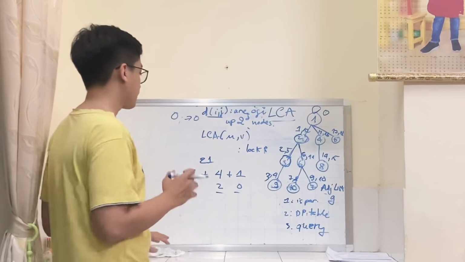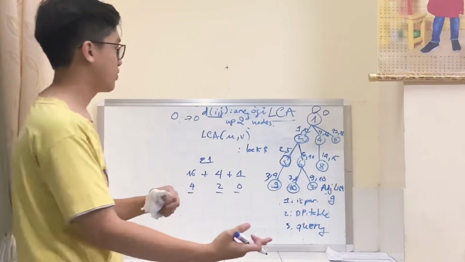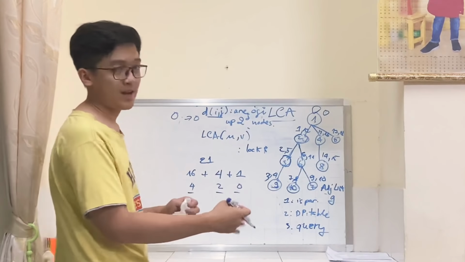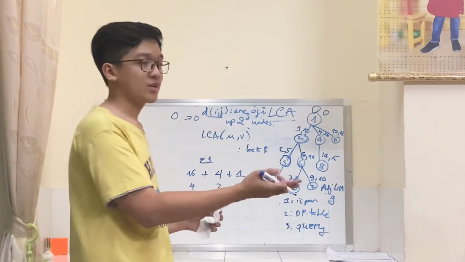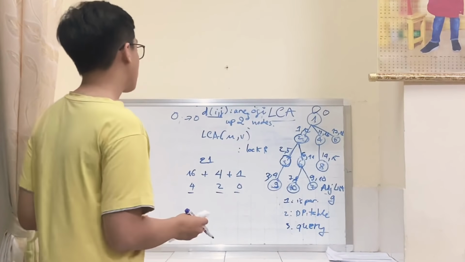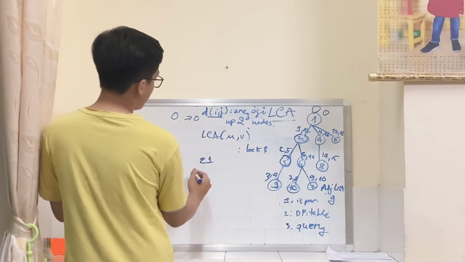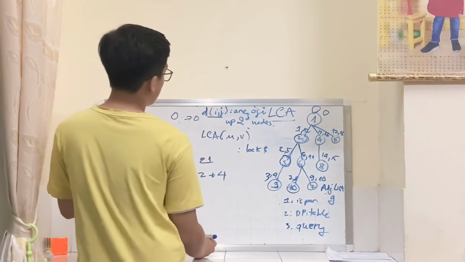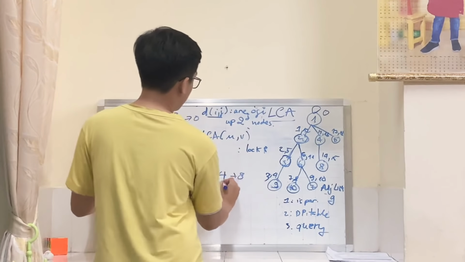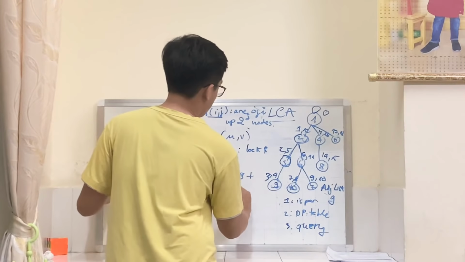But if you traverse from the smaller one to the larger one, from 0 to log n, it will be 1 plus 2 plus 4 plus 8, which is 15, plus 16.